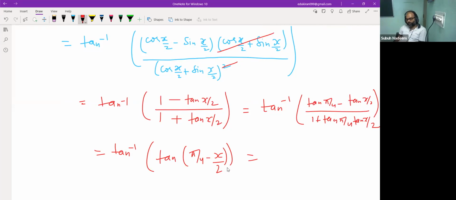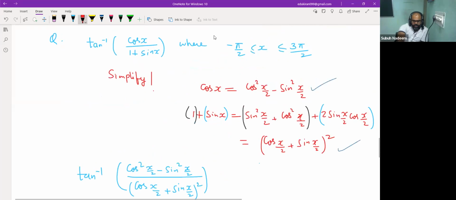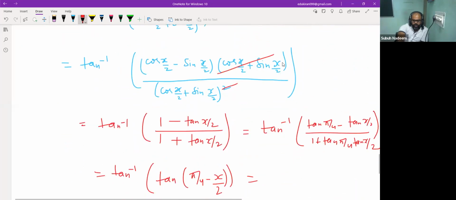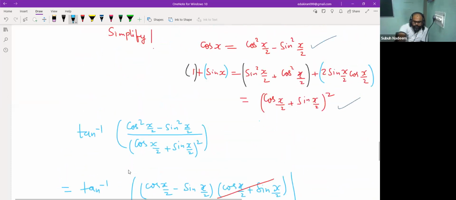Okay. Now one important thing is still missing. Can you cancel tan inverse and tan? Only if in the principal value range. And the condition is given that x is between minus pi by 2 to 3 pi by 2. This is what is given.